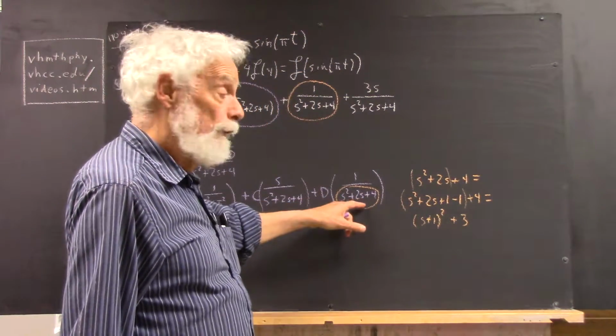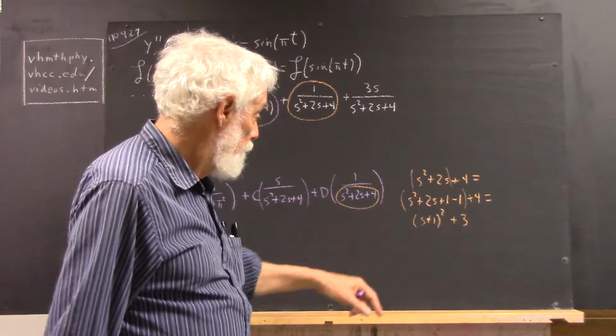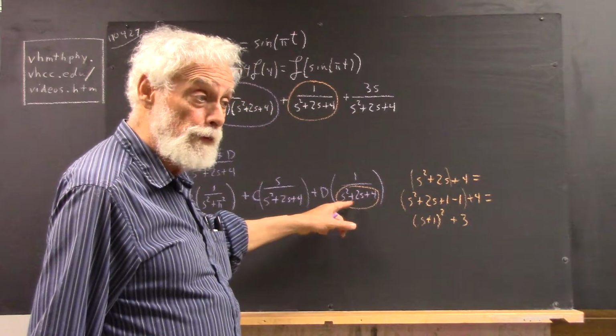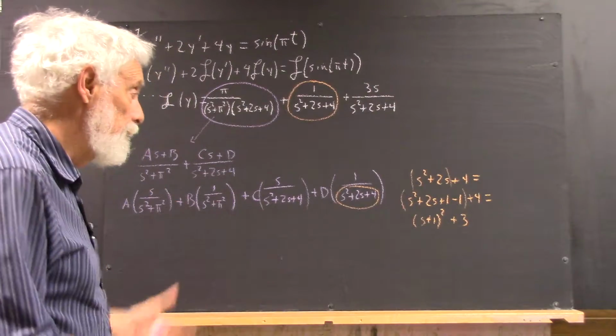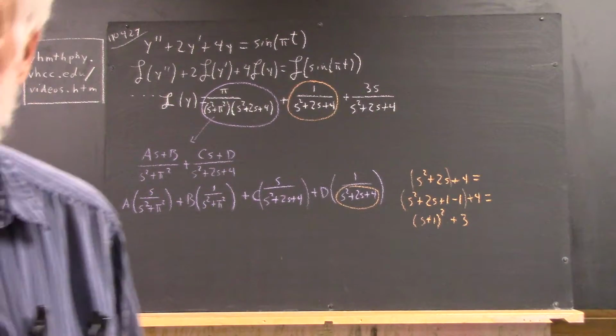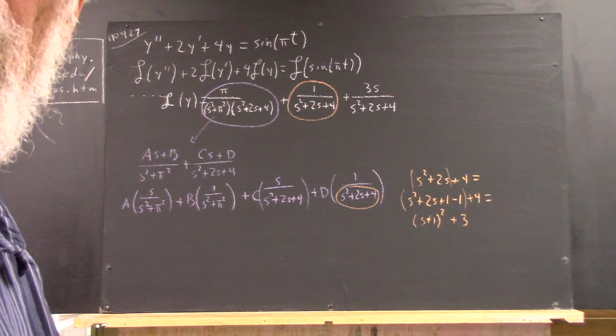Any quadratic you have, you can complete the square. Now you don't want to if you can factor it, because if you can factor it, then you can use partial fractions to simplify it.